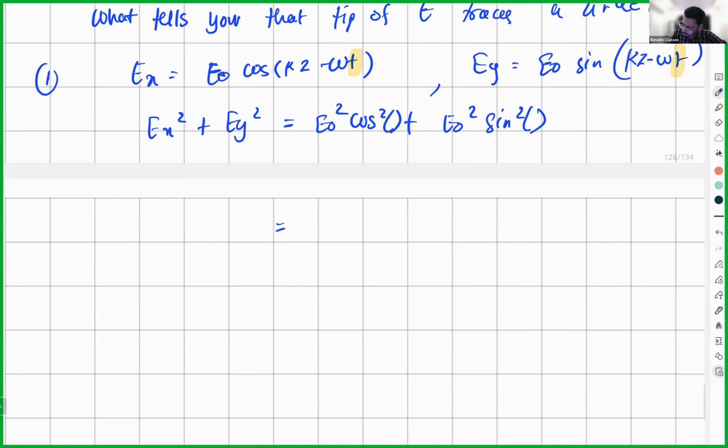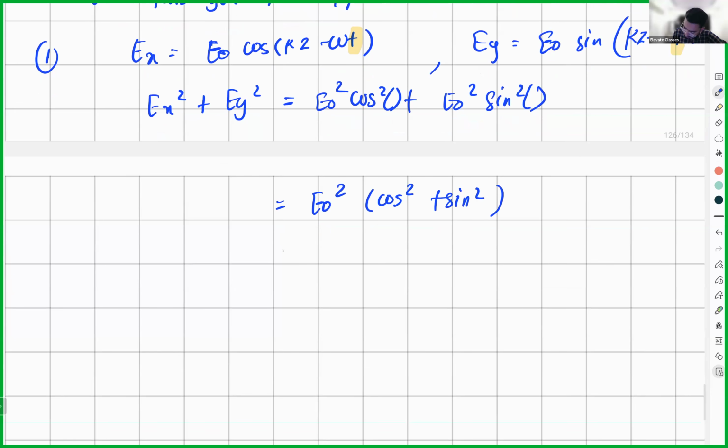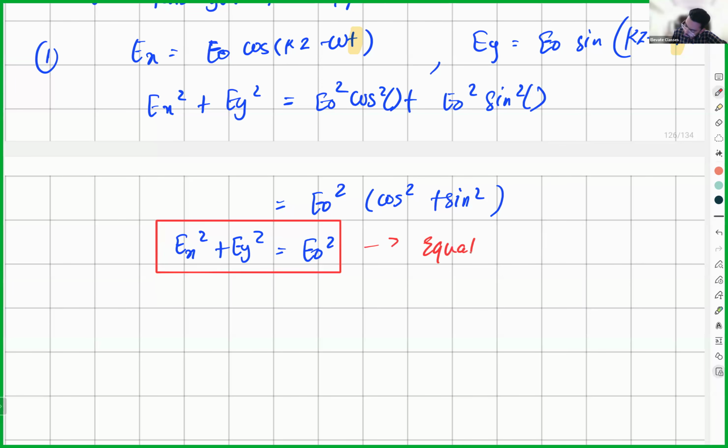So this becomes E naught square times cos square plus sine square, which is E naught square. So this eliminates my time, and this is an equation of a circle.